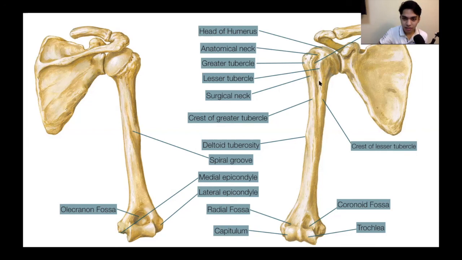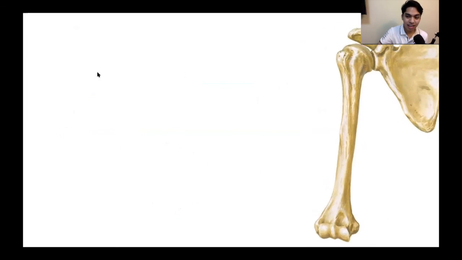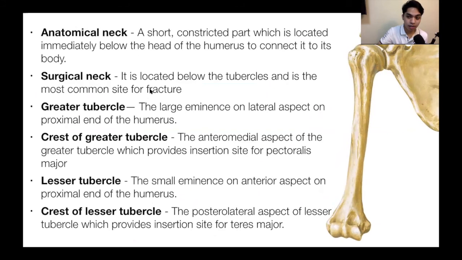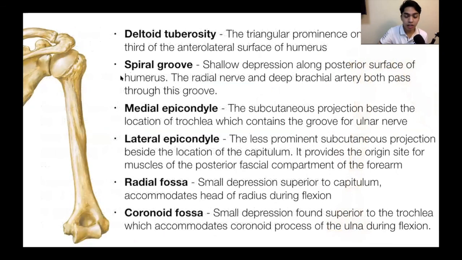These are the added definitions because I've updated my PowerPoint presentation, as I understand that not all can watch this discussion. So these are what I have mentioned a while ago.